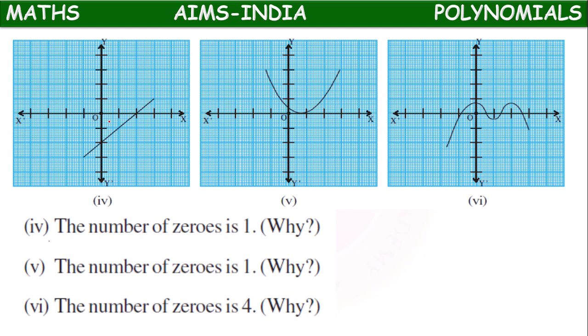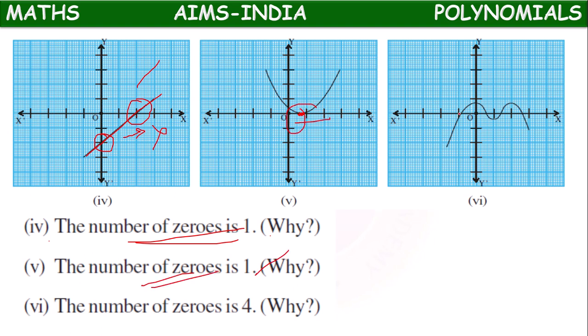So the fourth one, this graph, is intersecting the y-axis, that we should not consider. Only the x-axis, at how many points? 1 point. So the number of zeros is 1. Here, touching at 1 point, so the number of zeros is 1.